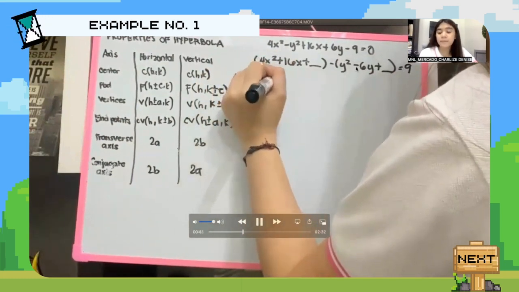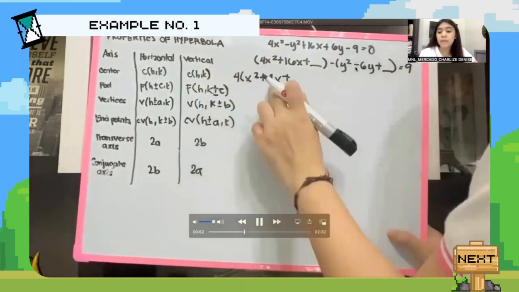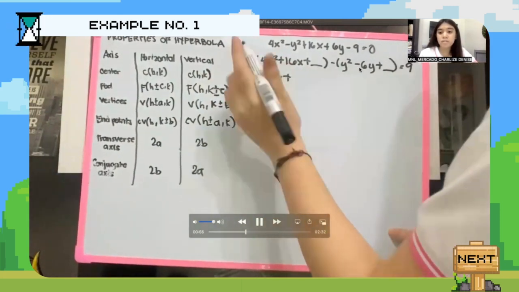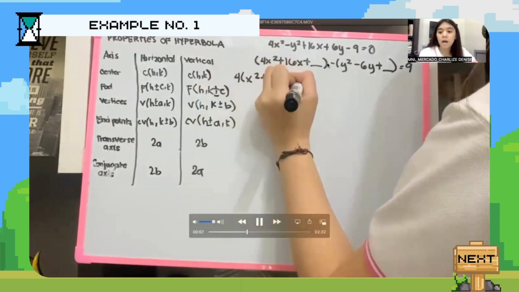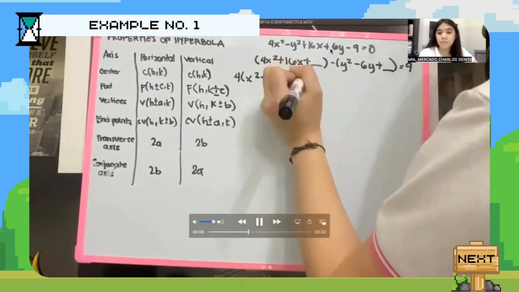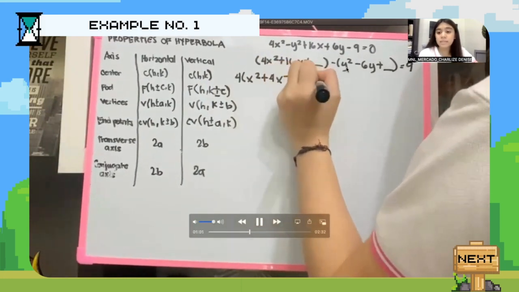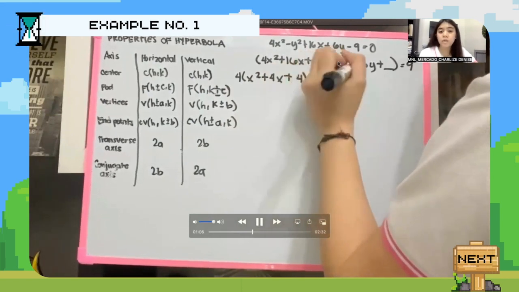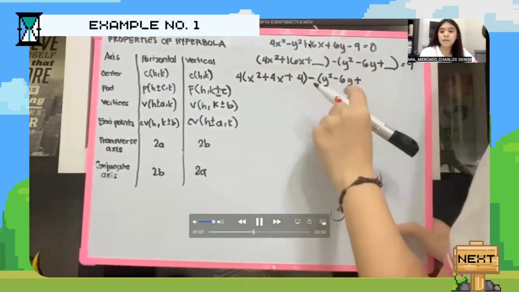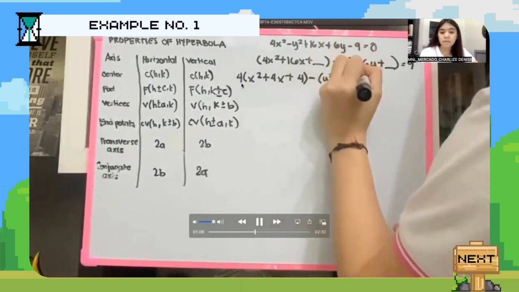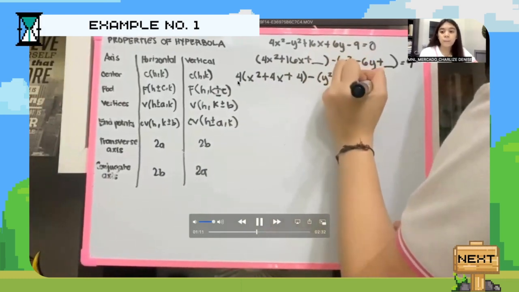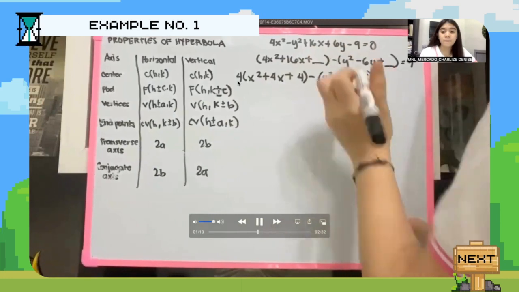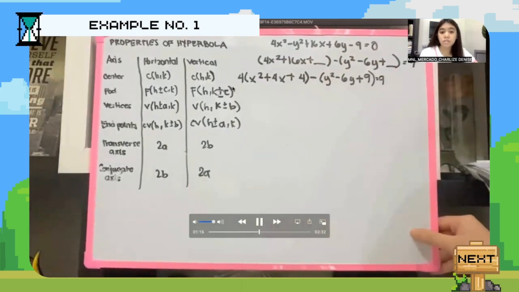So why did it become negative? It became negative 6y because negative times negative is equal to positive 6y, and positive y squared times negative is equal to negative y squared. The second step is to get the common factor, which is 4.